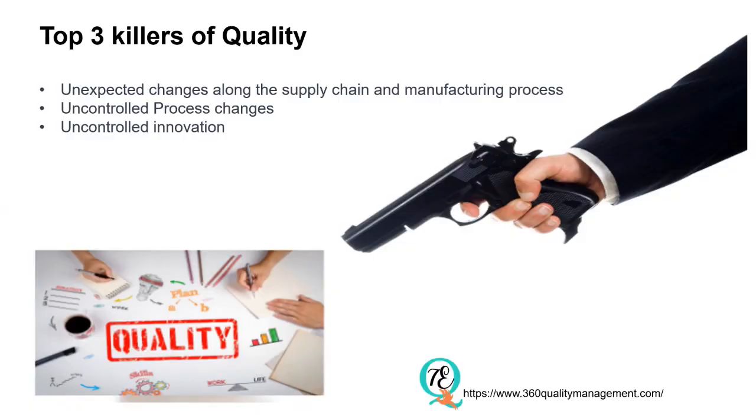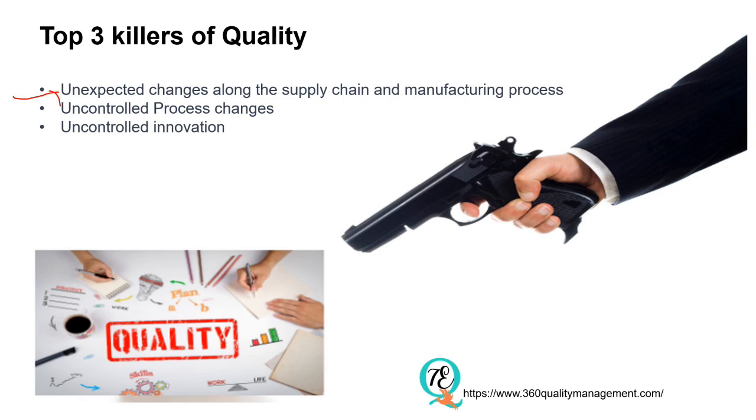What kills quality? All manufacturers are trying to adhere to specific requirements as defined by customers to achieve quality products. Unfortunately, achieving quality is not as simple as it seems. Every day, critical quality issues arise, mostly due to unexpected changes along the supply chain and manufacturing process, which can spell disaster for the final product. These changes can range from alterations in raw material to issues with machinery and equipment along the supply chain.